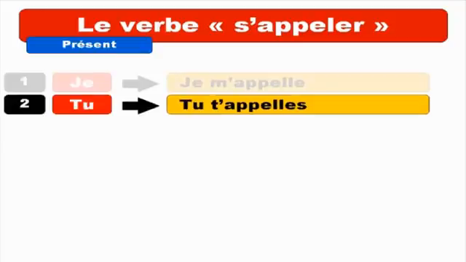Okay, second form, same thing, but usually for tu, the form is tu te, and then something in here. We're starting with a vowel, so it's the same thing as previously, it disappears, so we get this tu t'appelles, okay, final S is not pronounced, tu t'appelles. Repeat.